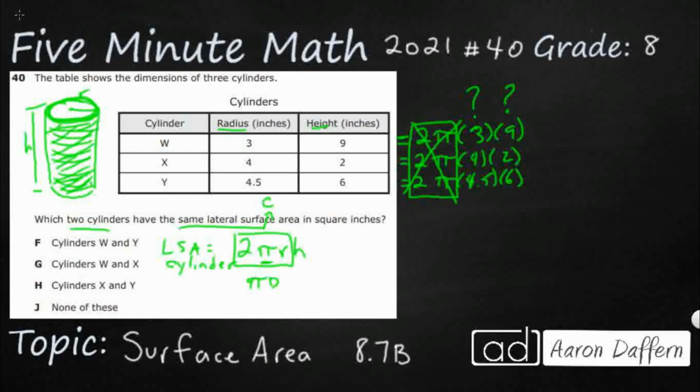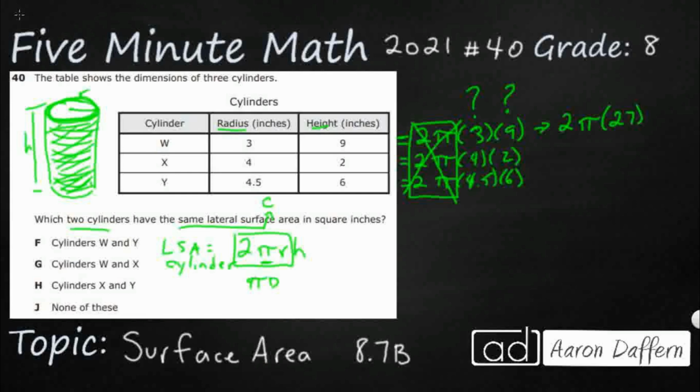So I've got 3 times 9. Let me just do it like this: 2 pi. I'm going to keep it in there just for formula's sake, but 3 times 9 is 27.